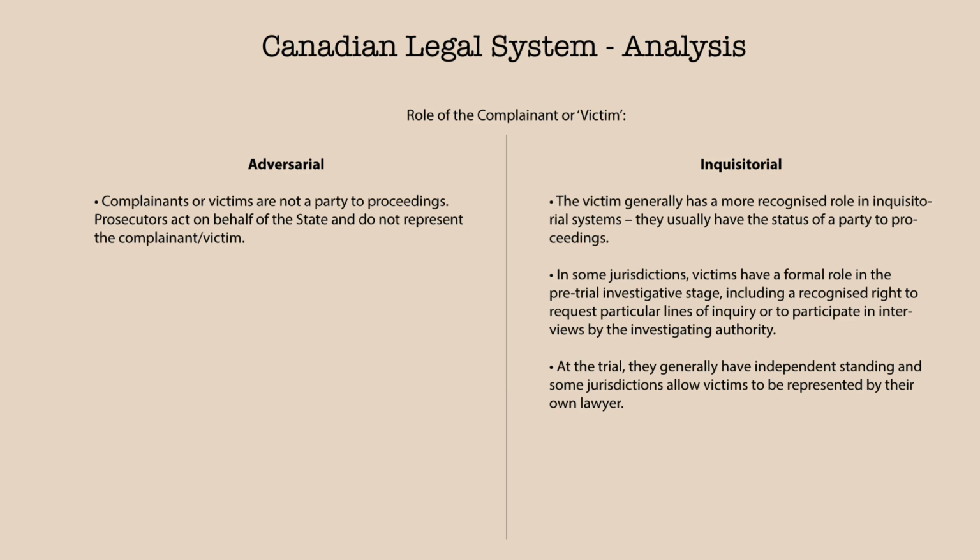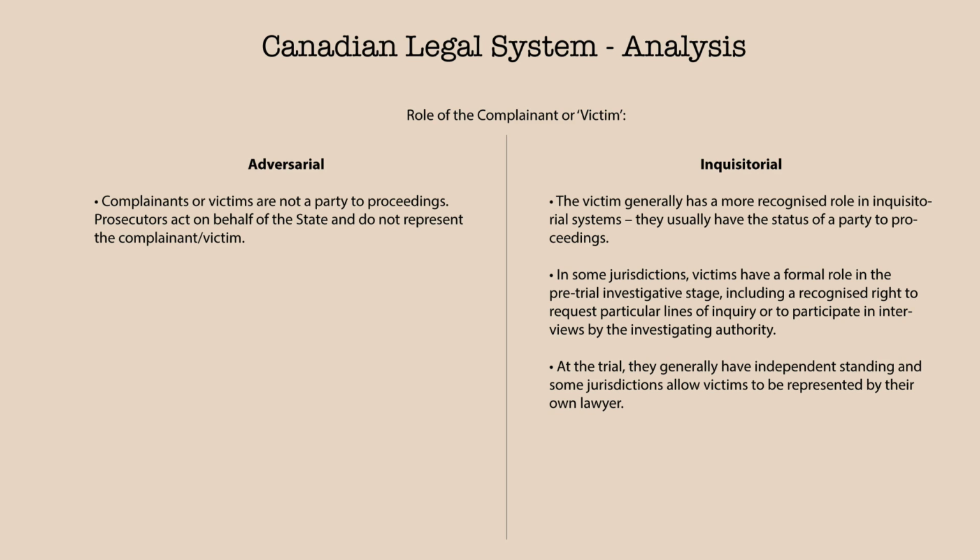They usually have the status of a party to proceedings. In some jurisdictions, victims have a formal role in the pretrial investigative stage, including a recognized right to request particular lines of inquiry or to participate in interviews by the investigating authority.